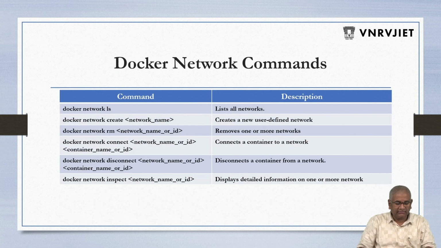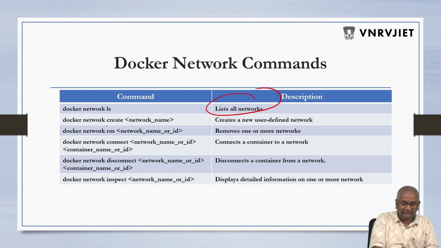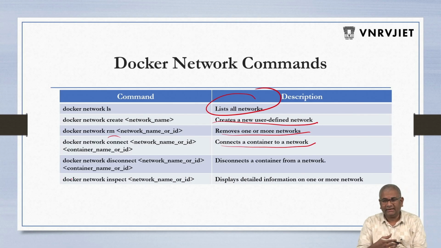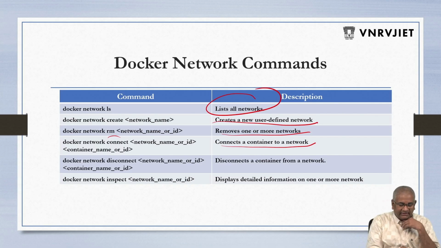Docker network ls lists all networks that Docker uses. Docker network create creates a new unified network in Docker. Again, this is in the container, right? Docker network rm removes one or more networks. Docker network connect connects a container to a network. Basically, if the host system contains multiple networks, you want to facilitate that to a Docker container, you can do this with the command.